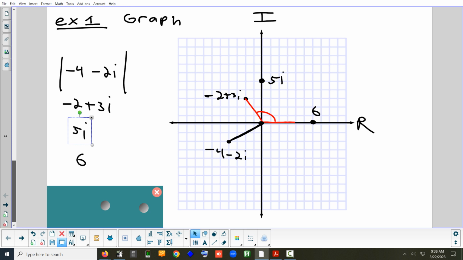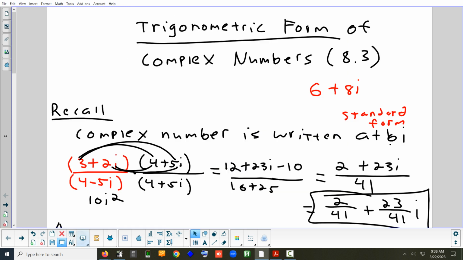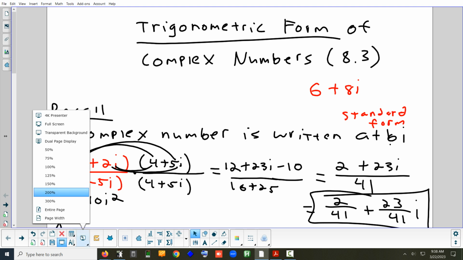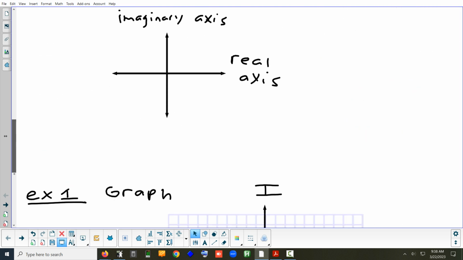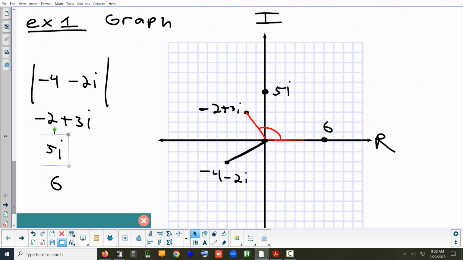Now, to figure the length of that line segment out, what kind of shape do you think we could make that would help us do that? Yep. Triangle. Yeah, we make a triangle. Like that? No, not like that.